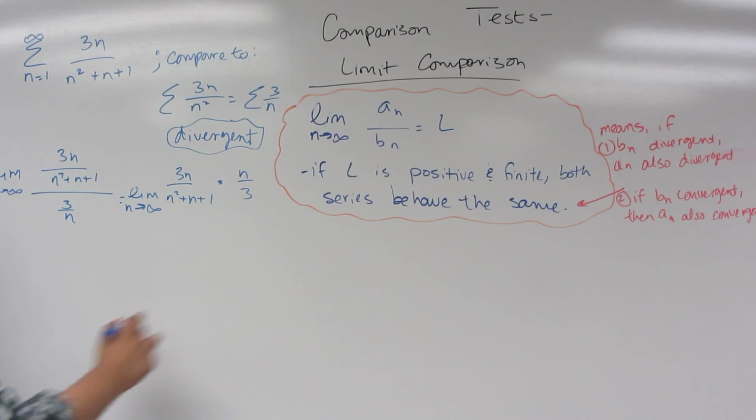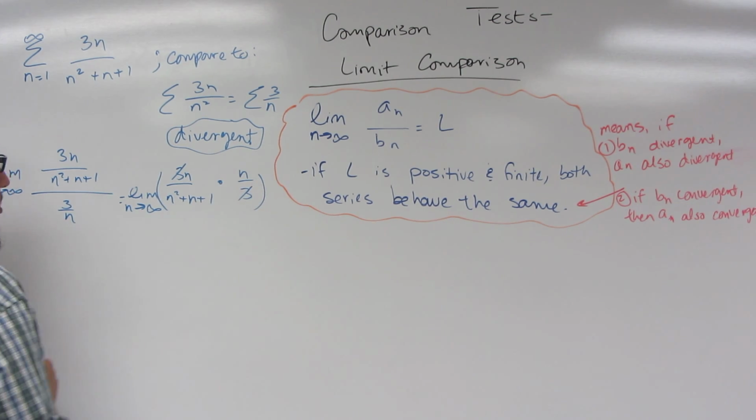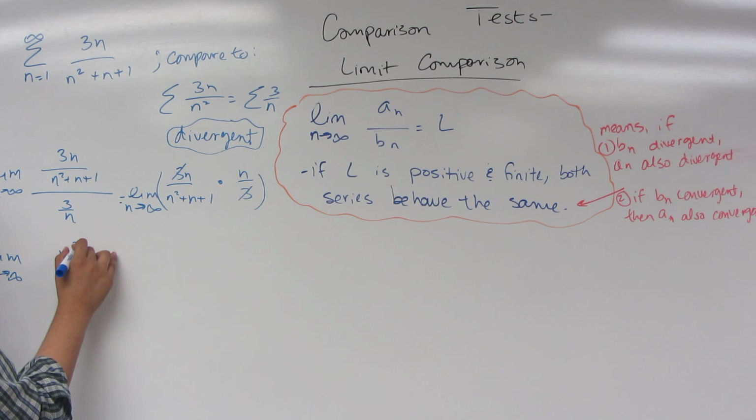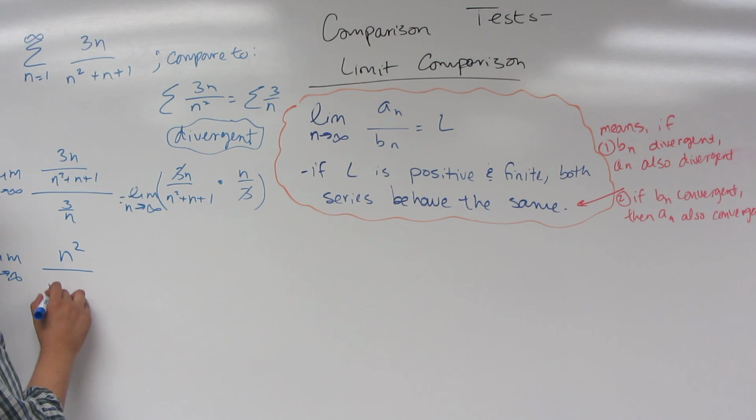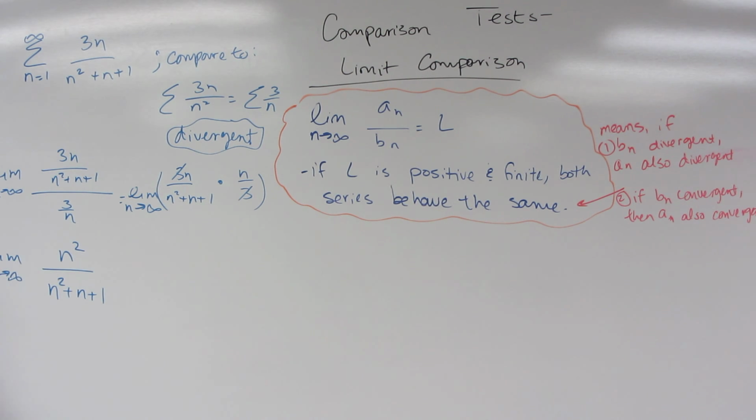By the way, if you look at this, we can see that this 3 and this 3 cancel out. So now we get the limit as n approaches infinity of n times n, which gives us n squared, divided by n squared plus n plus 1. Substitute infinity, and we get infinity over infinity.